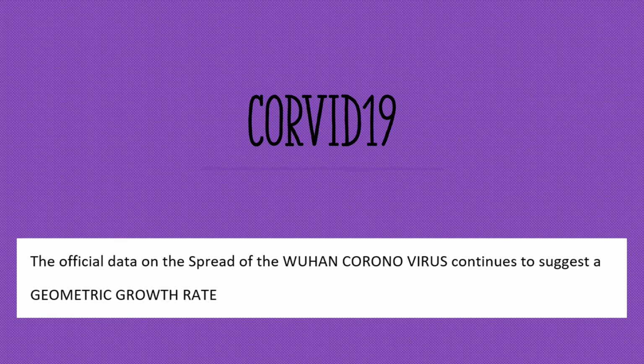Here we have another example of the geometric distribution, COVID-19. The official data on the spread of the Wuhan coronavirus continues, and it suggests that the growth rate is geometric. It is a geometric progression. It is a geometric random variable, and you can get a geometric distribution.